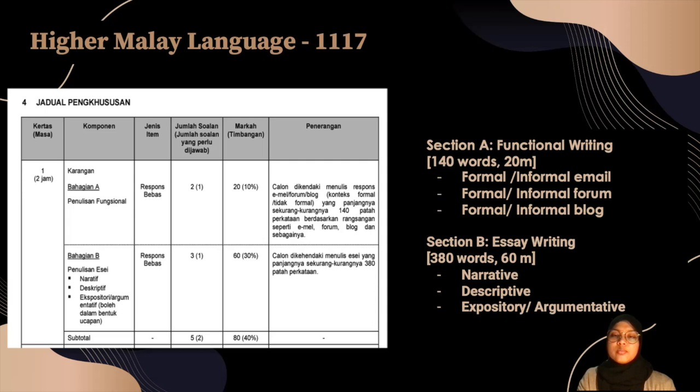And then section A will carry 20 marks and a minimum of 140 words. Section B, the essay writing, students have to write either narrative, descriptive, expository, or argumentative. Because in this section there are 3 questions, it's either narrative, descriptive, expository, or narrative, descriptive, argumentative. Yeah, something like that, okay? So section B will carry 60 marks and students have to write a minimum of 380 words.